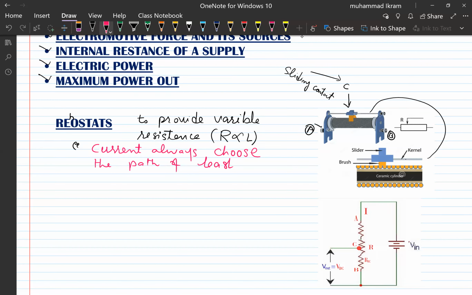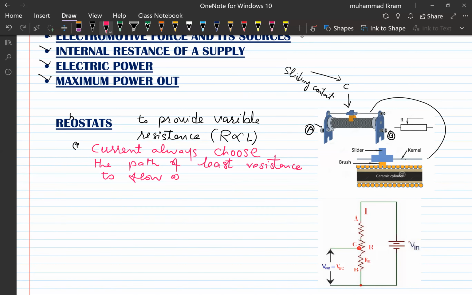Sometimes people say the shortest path, but that is not right, because it is not the path, it is rather the resistance. So current always chooses the path of least resistance to flow within the circuit. This is how we will use this device to get the varying resistance.